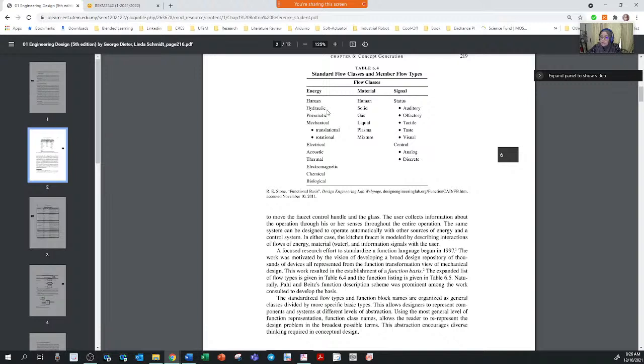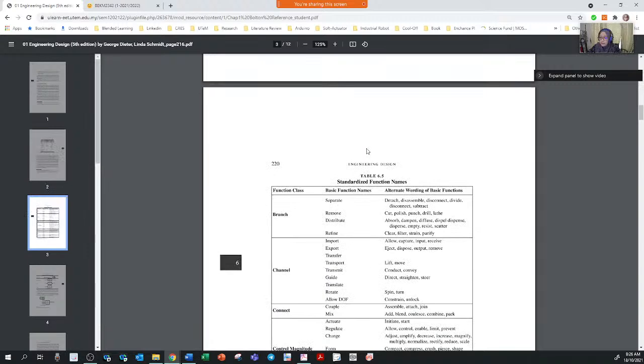If you have a hydraulic, then the material will be liquid. And the signal can be either you can actually sense what you want to control over there. So you might want to sense the tactile, sensory. So if you look at this part, you will end up having an open loop block diagram.